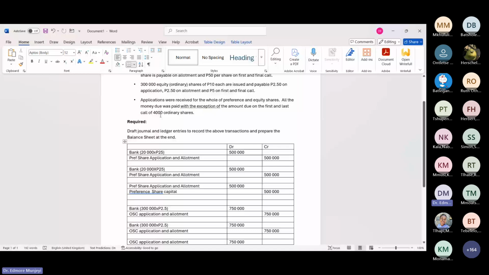I want us to understand. Yes, we issued those ones, but out of those, the other ones were not paid.